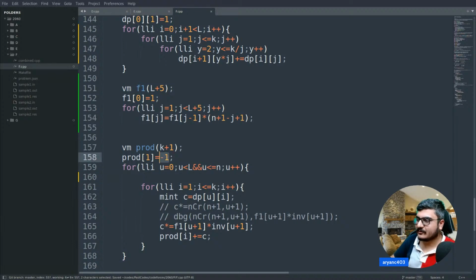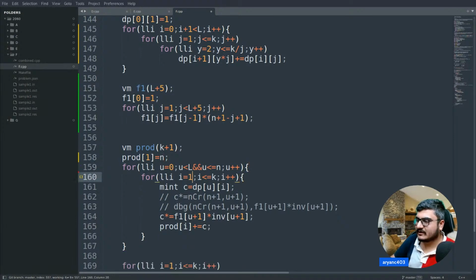You can directly say for product equal to 1, all of them would be 1. And you start calculating for all products from 2 to k.